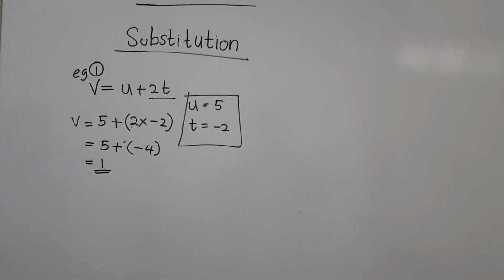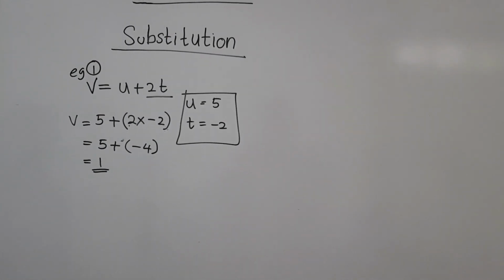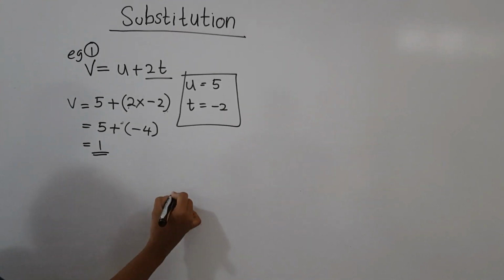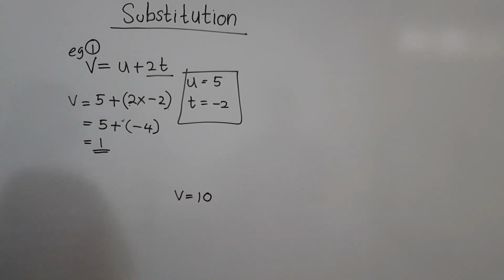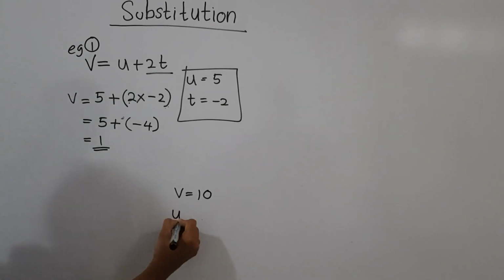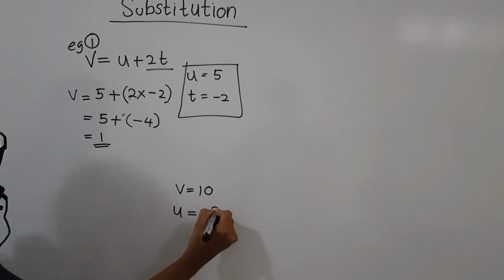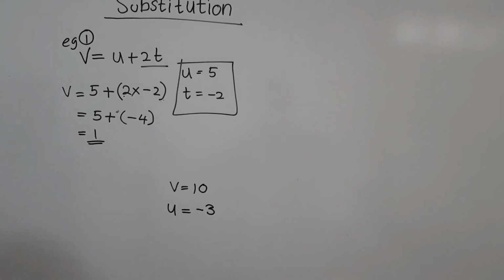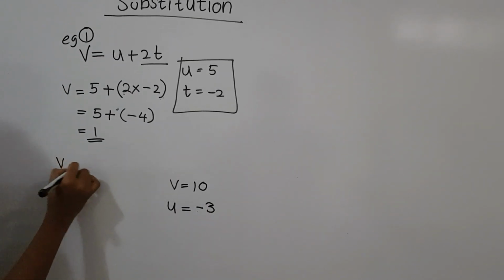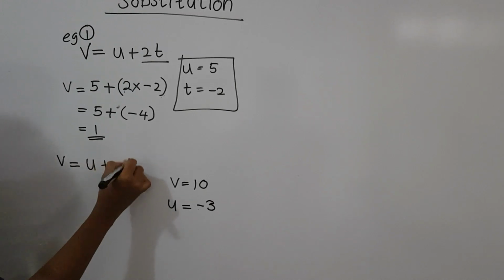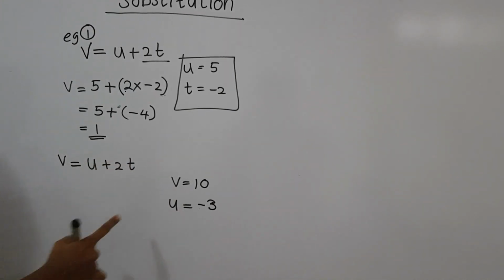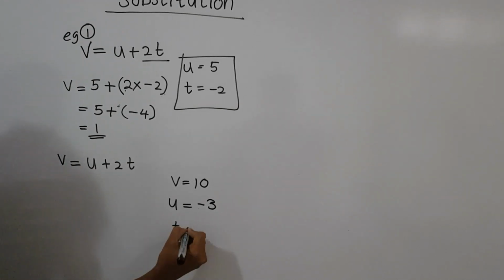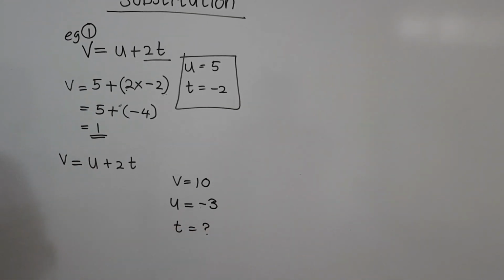Clear? If for the same formula they tell us V is equals to 10 and U is equals to minus 3, what happens? V is equals to U plus 2t. So here what do we have to find? They have given the V and the U, so we have to find the value of t.